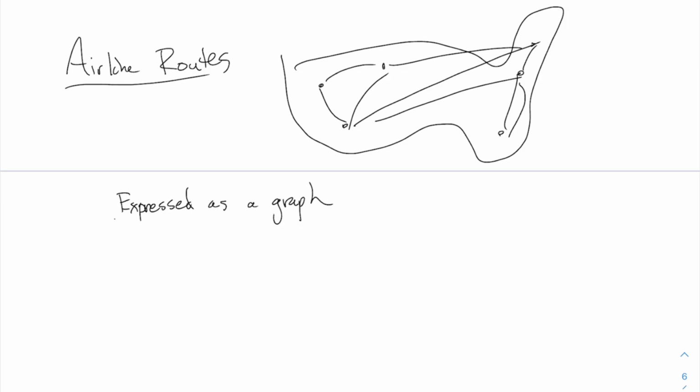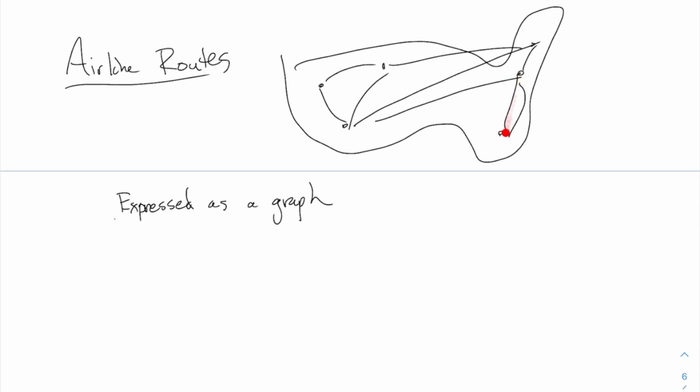And these lines on the graph are not actually exactly where the airplane flies. When they show you a map like this, they're not actually saying that the airplane follows this precise line when it flies. To ordinary people, it doesn't matter exactly what path the plane takes.